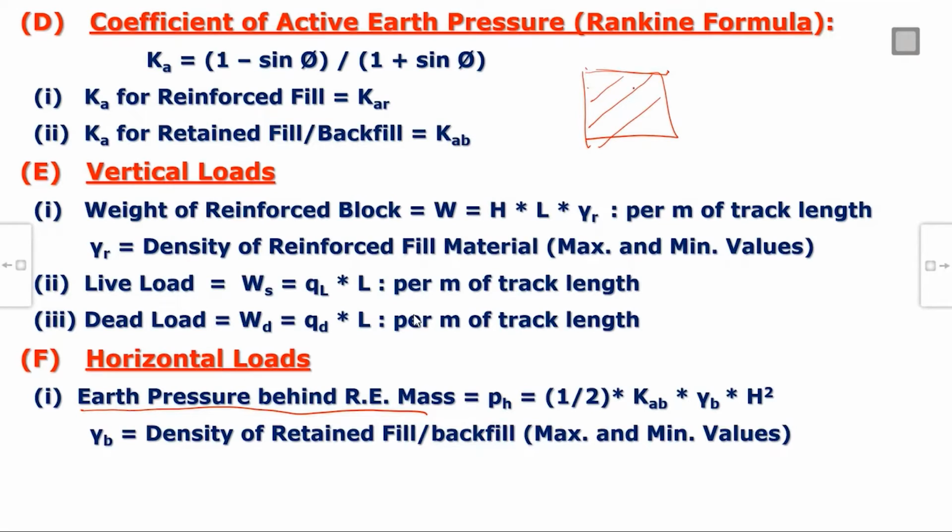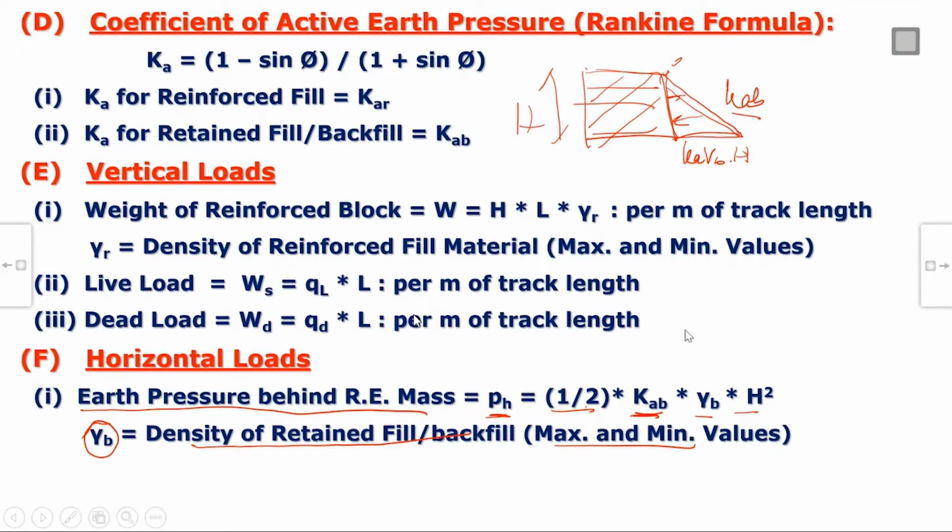If this is my RE fill with reinforcement, behind this the pressure will be a triangle like this, with value zero at the top and KA gamma B into H at the bottom, if this is H. So the total force, the area of this triangle, will be PH equals half into KAB, because it is because of backfill, into gamma B into H square. And here gamma B also can have minimum and maximum values, so this PH also can have maximum and minimum values.